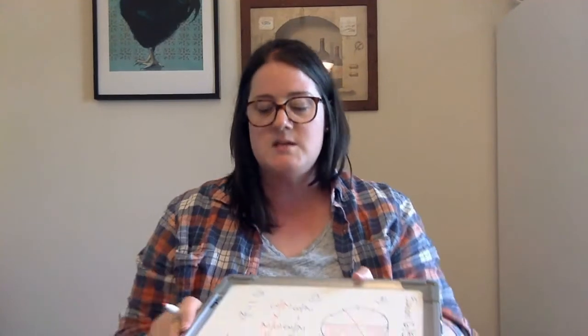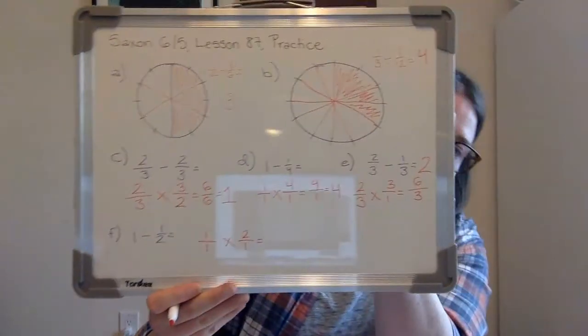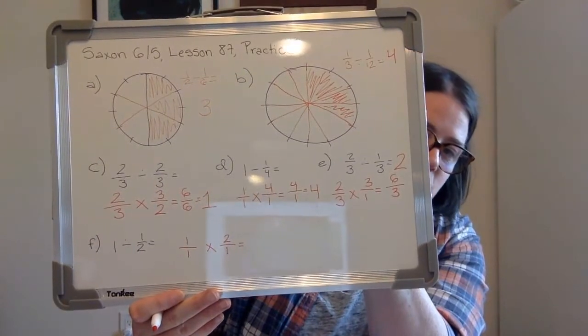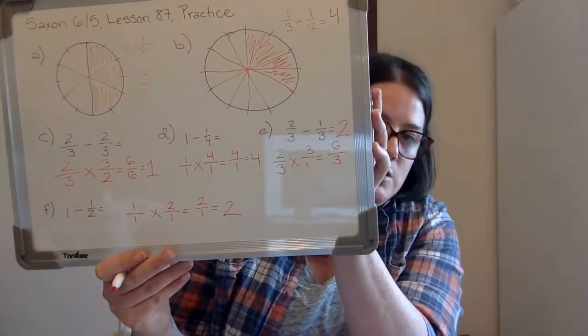My division is going to be turned into multiplication, and my second fraction gets flipped over to 2/1. So this is my new equation. 1/1 times 2/1. All right, when I solve, 1 times 2 is 2. 1 times 1 is 1. I get 2/1, which simplifies to 2.